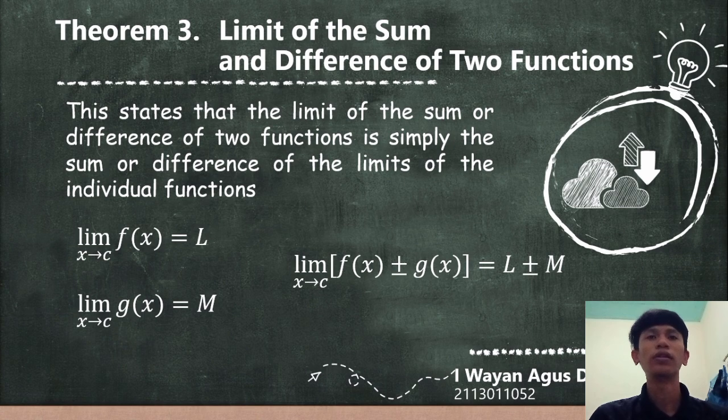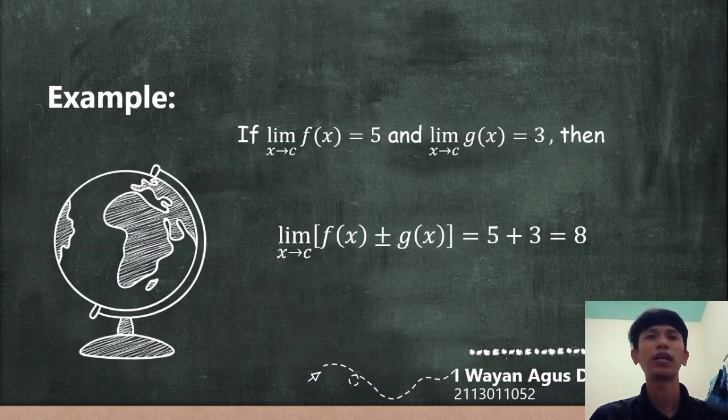To illustrate this, let's have an example. If the limit of f of x as x approaches c equals 5, and the limit of g of x as x approaches c equals 3, then for the limit of f of x plus g of x as x approaches c, we just need to add the limits of the individual functions.